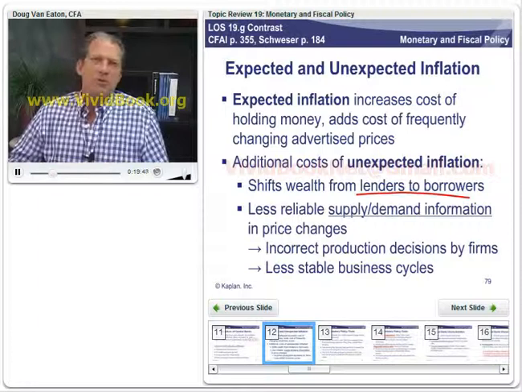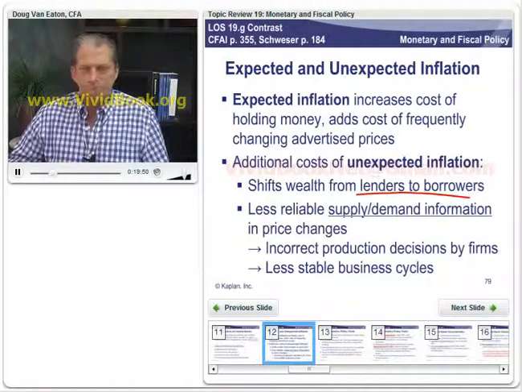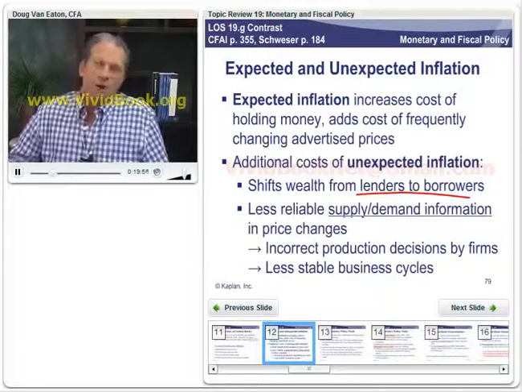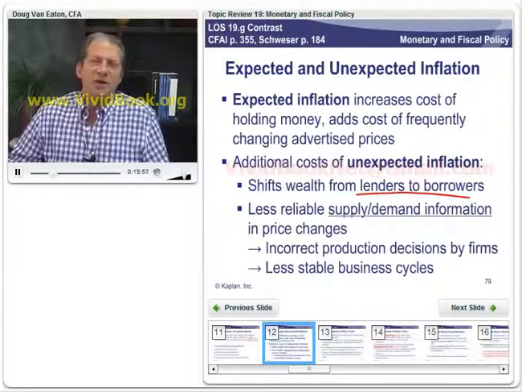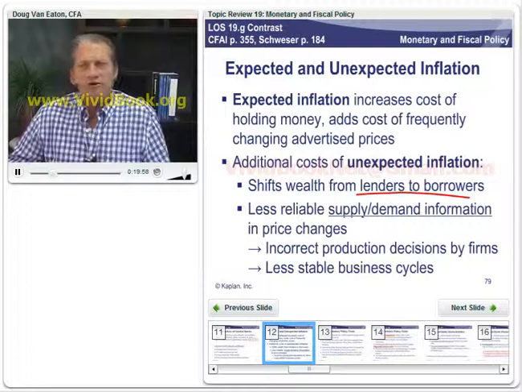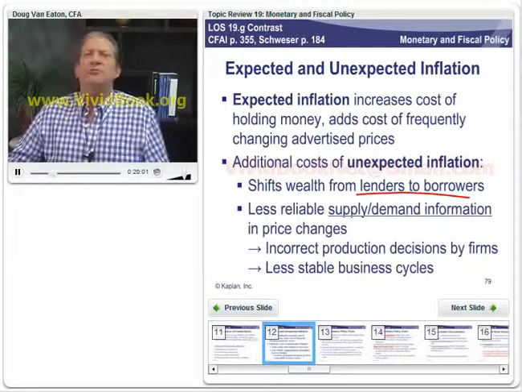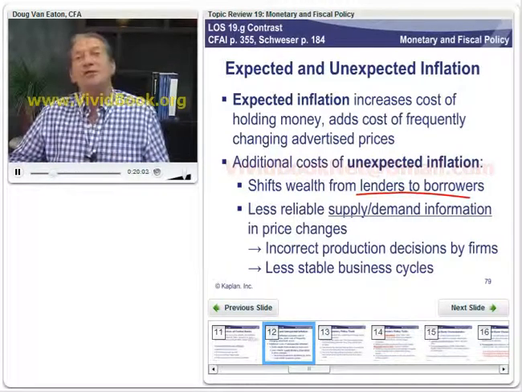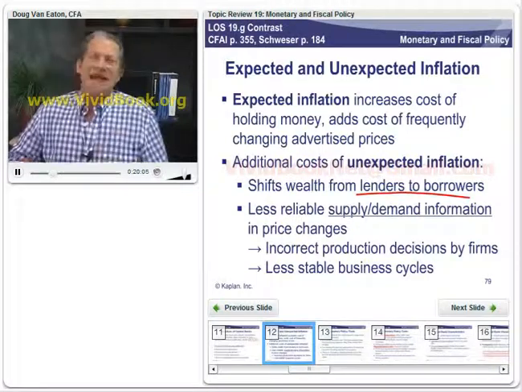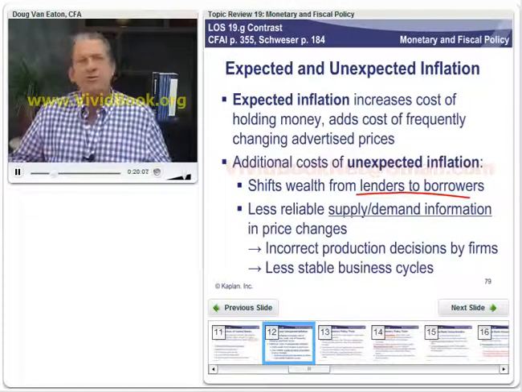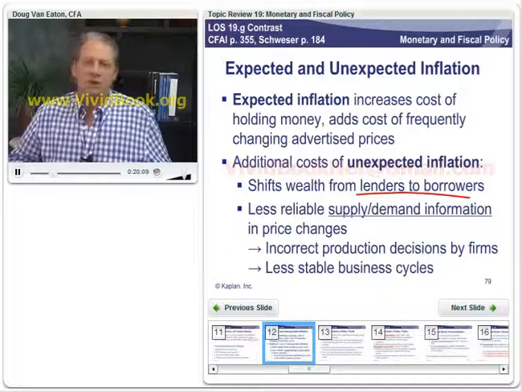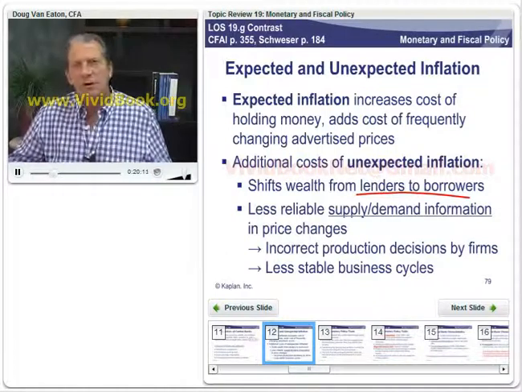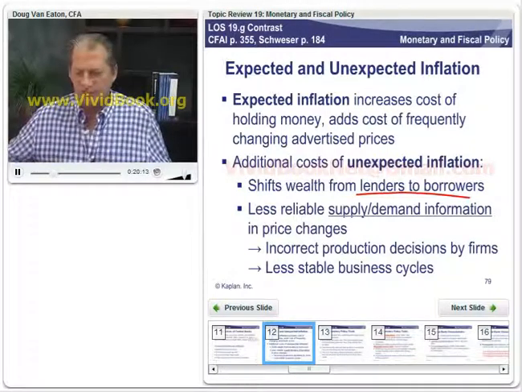Other lenders are people that buy bonds, and the borrowers are the issuers of the bonds, well, they can do pretty well with inflation too. Because with 100% inflation, their profits would double, it's easier to pay their debt, and the purchasing power of people who own bonds goes down because of the inflation. So that's the wealth shift.